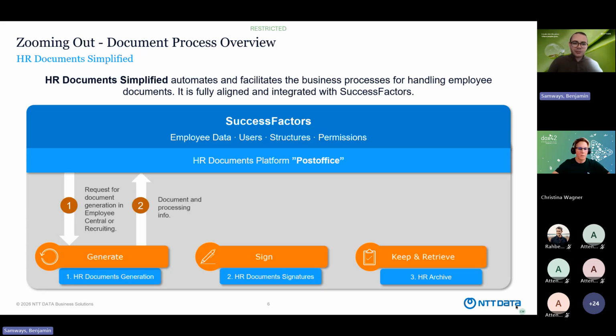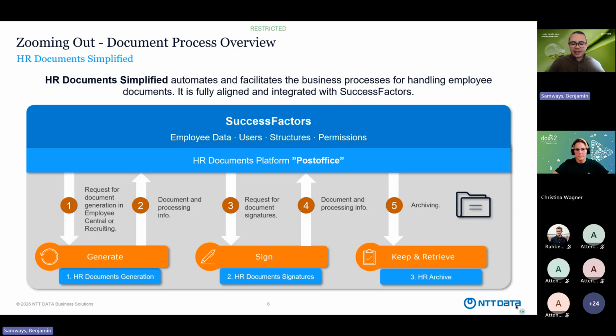After a request has been made, the document will be generated automatically. It will use SuccessFactors data, and once it's created, it can be sent onwards to the post office. Again, the post office is where we handle electronic signatures. From the post office, it's sent onwards to all the individuals who we need a signature from. Once all the signatures have been collected, the document will be processed once more and finally archived in our electronic archiving solution. Here, it will be filed to the correct employee and to the correct folder, again, automatically.